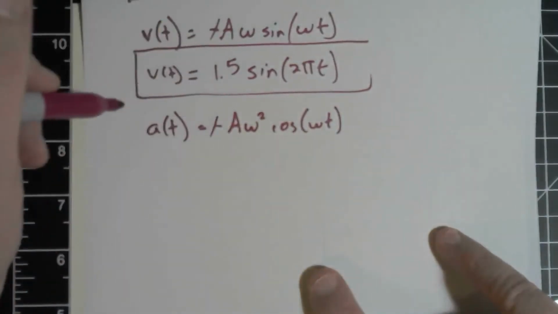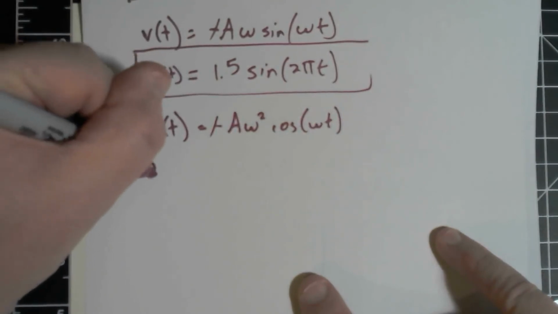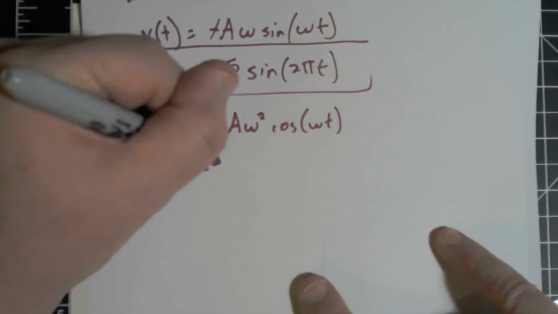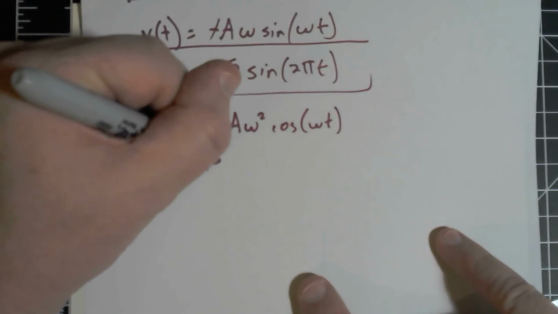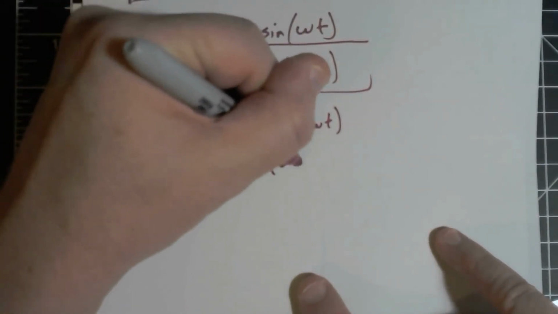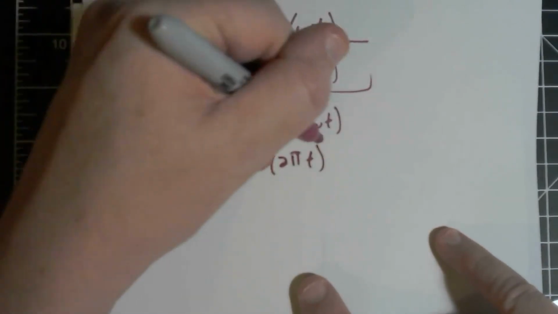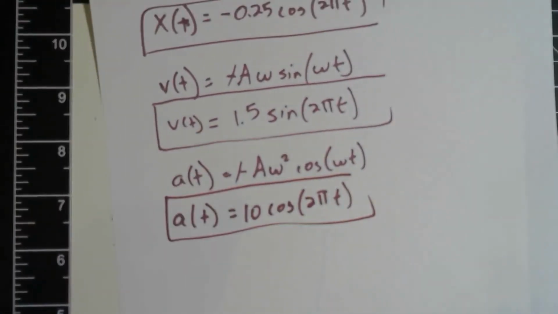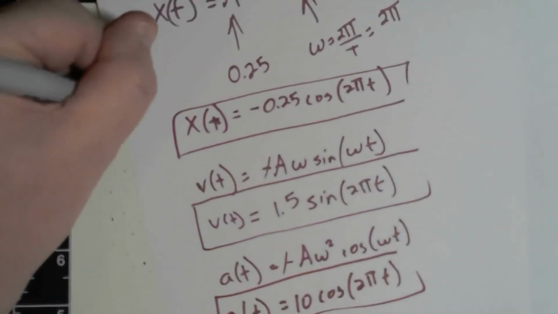And so that means that our negative sign here will just drop off as well. So it leaves us with acceleration is 10 cosine 2 pi t. And you substitute your values in. All right, that was part E.